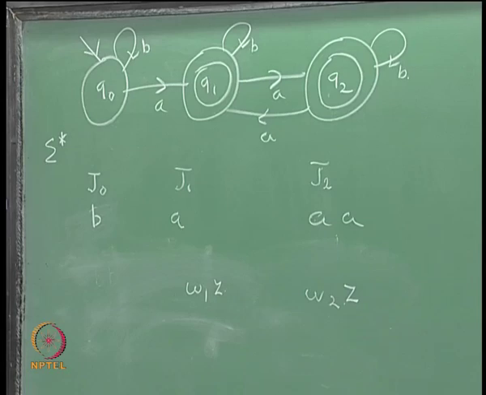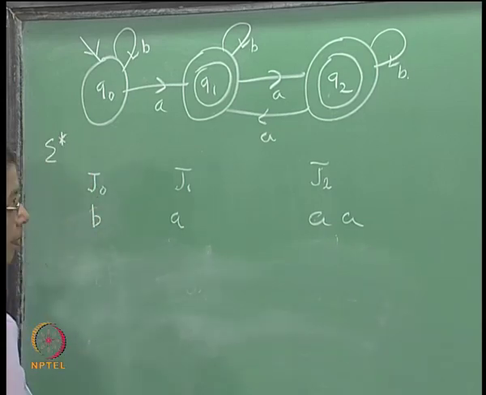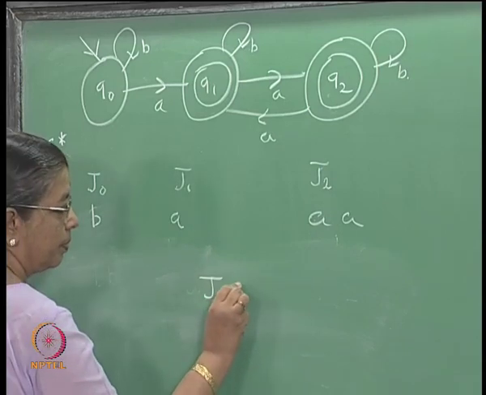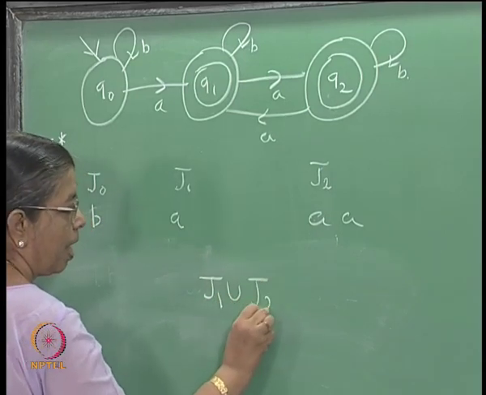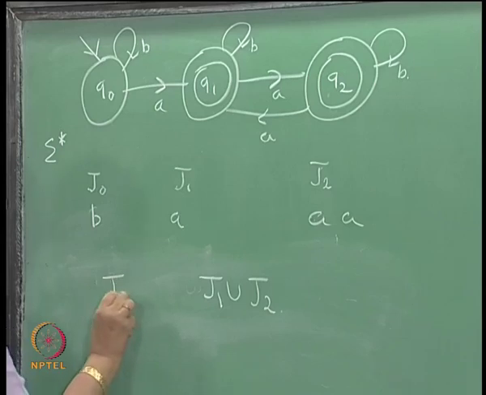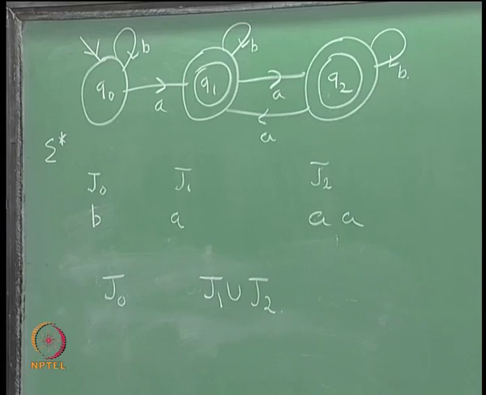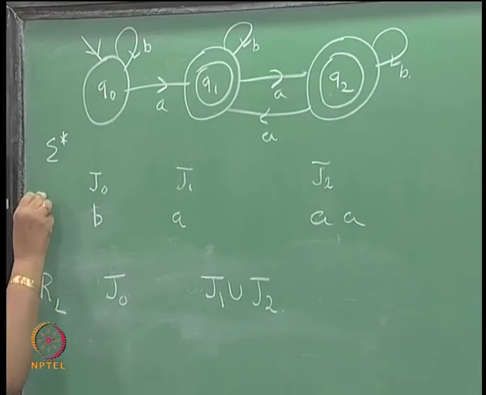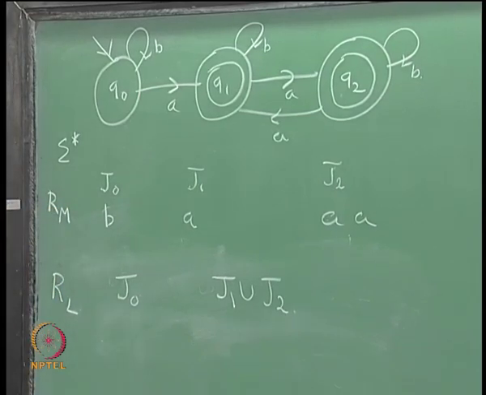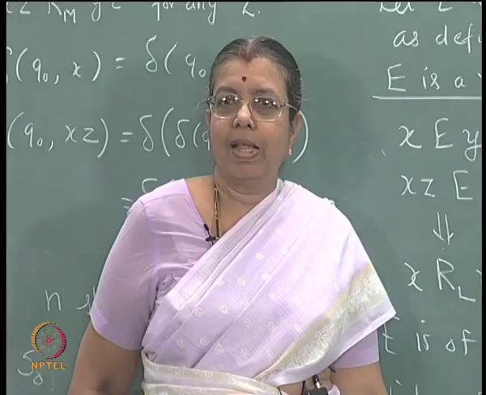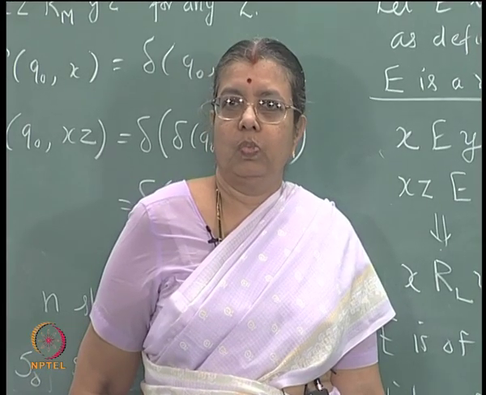So, you can group them together, J1 and J2 can be grouped together. RL has only two equivalence classes, J0 and J1 union J2. This is RM. So, what is the index of RL? 2. Okay.